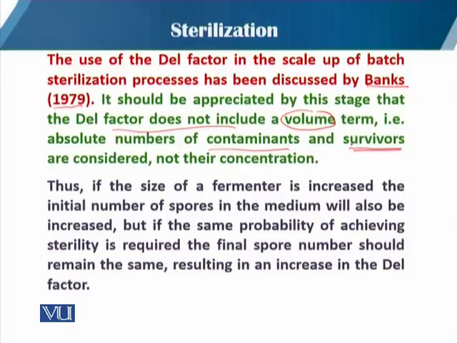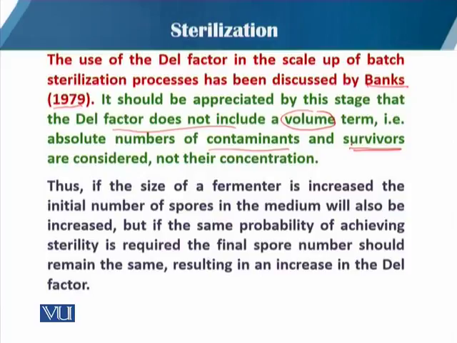So we only focused on the contaminants and the survivors, not their concentration. We are just dealing with their number. If the volume is more, then the number is more.